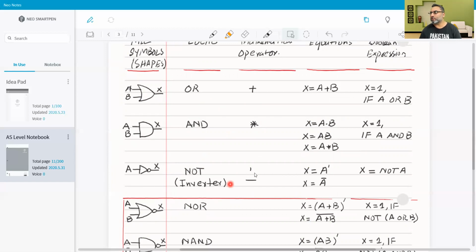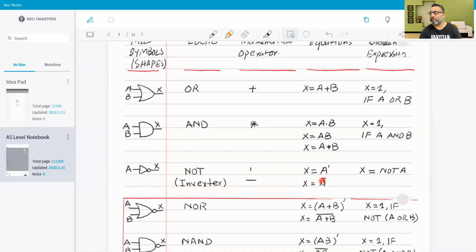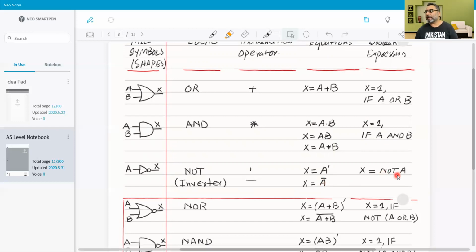We can show it by having an apostrophe as prime or a bar on top of it. I will be using both X is equal to A not or X is equal to A not. I would not be calling it prime or bar; I would rather always call it not, by reference to the gate. So X is equal to not A is actually the form.